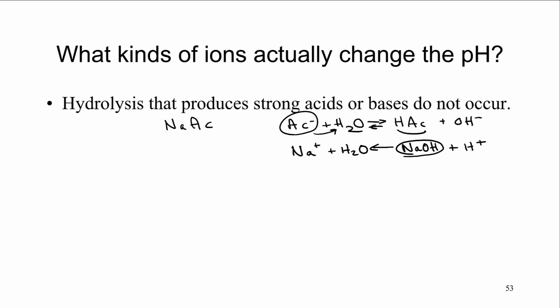And so we'll do the same thing for ammonium chloride. Cl minus, well, do ammonium first. NH4 plus H2O makes NH3 plus H3O plus.